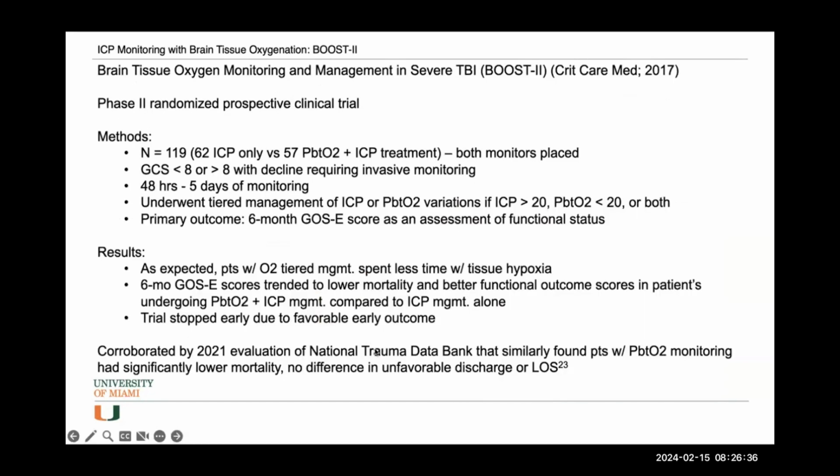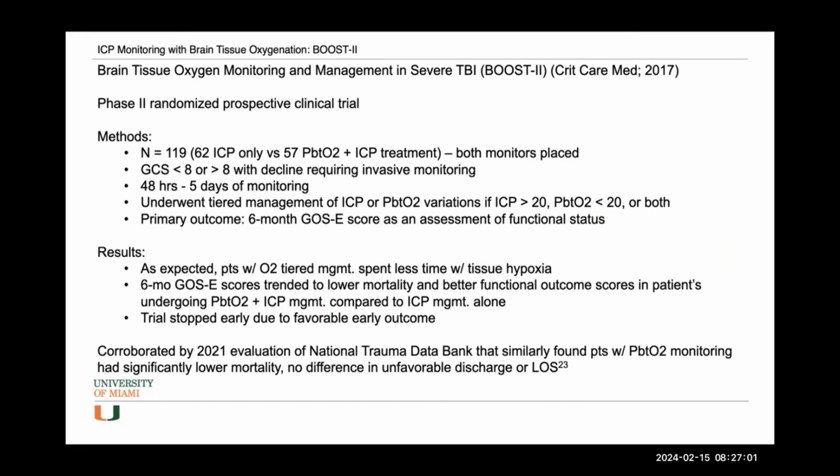So the big argument for why this needs to be used came from a study in 2017 called BOOST-2, which was a phase 2 randomized prospective clinical trial, which had about 120 patients who had both monitors placed, so an ICP monitor as well as a partial brain tissue oxygenation monitor. And they were either GCS of less than 8 or greater than 8 with a decline requiring invasive monitoring.